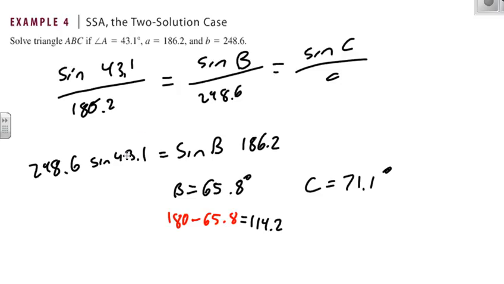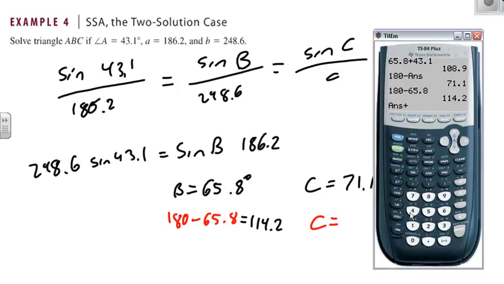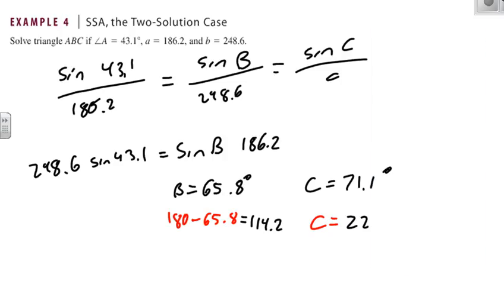If that was 114.2 and the 43.1, there's still an angle left over for angle C. Subtract it from 180. 22.7 degrees.